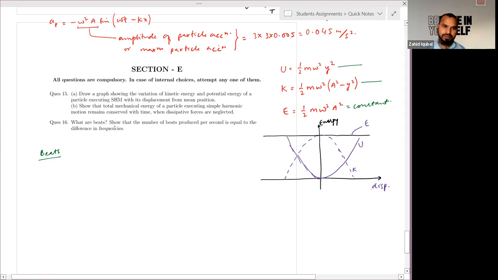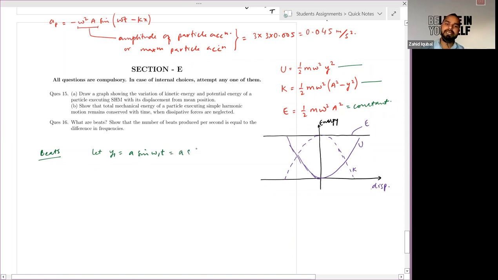Next, we have to show that number of beats produced per second is equal to difference of frequency of two waves. So you may write, let y1 is equal to a times sine omega 1 into t, or you may break this particular omega as 2 pi f.